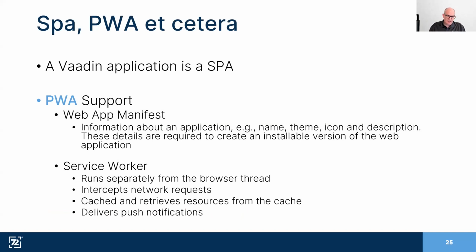As I said, a Vaadin application is a single page application, but it's also possible to have progressive web application support. Progressive web application support means that you have an application that you, for example, can install on the browser or on the operating system, as I should say. For that, you need a web manifest with an icon, with the description stuff.